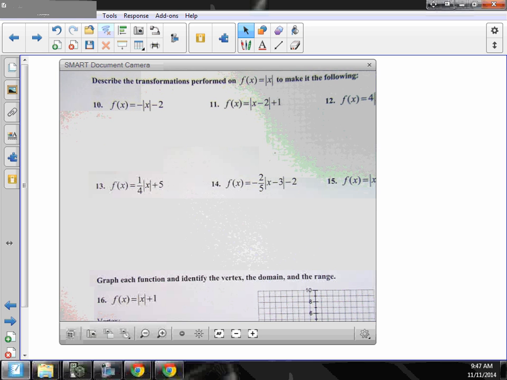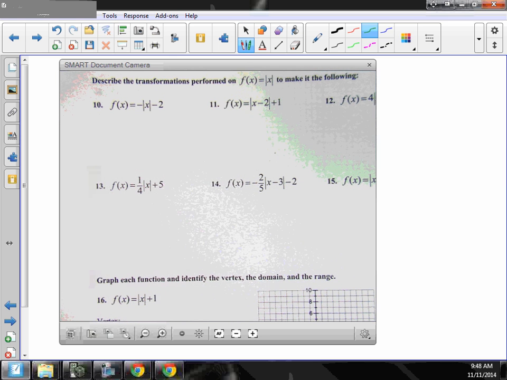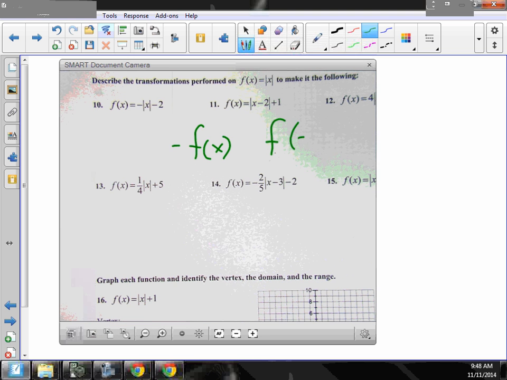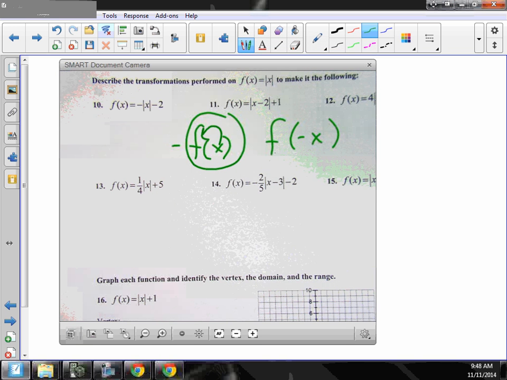Well, it's the difference between negative f of x and f of negative x. In this case, we plug in our x's into f, which turns them into y values, and then we change their signs. In this one, we change the signs before we turn them into y values.